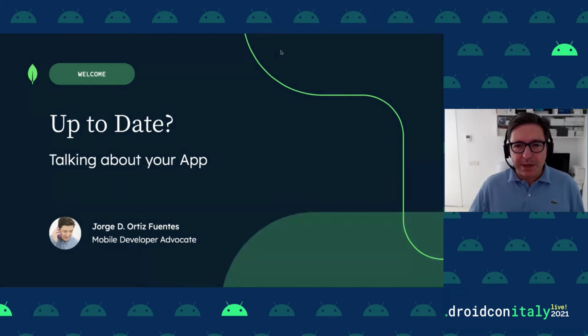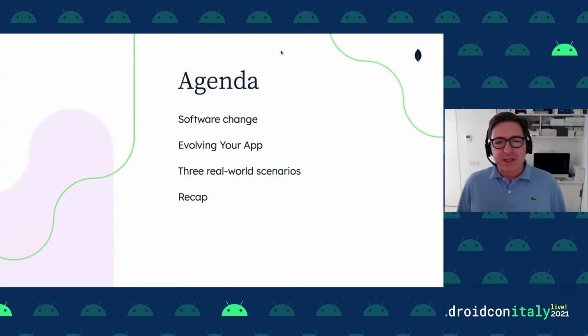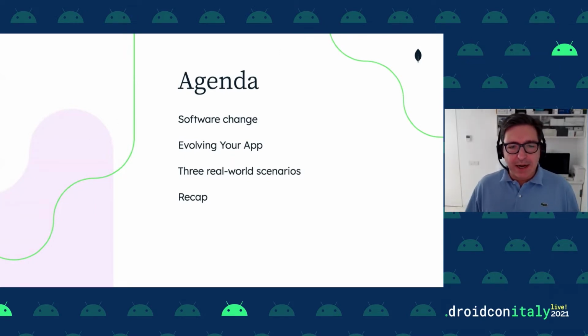So let me go with the agenda. I will start talking about software change, what software change means and how it impacts our ability to do things in the application.